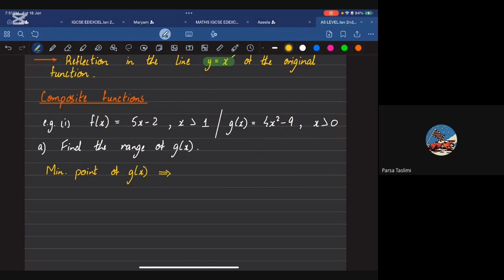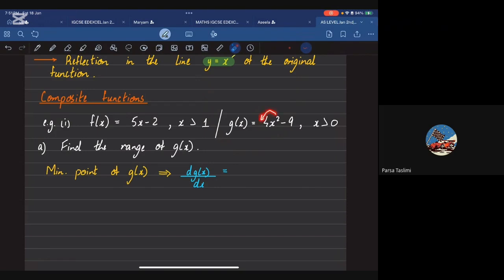Now, you can do it your way, Parsa. I have absolutely no issues with it. The turning point, I'll do it like this. dg/dx, differentiation, which is equal to, now, how do you differentiate it?